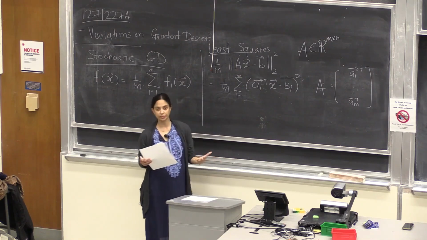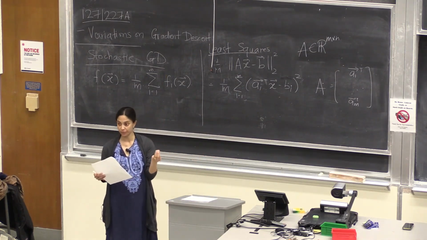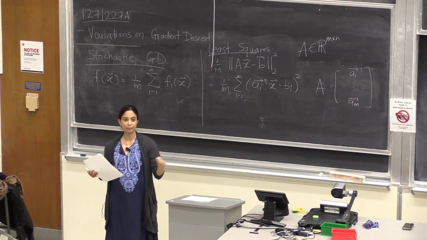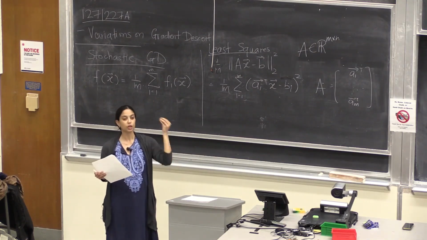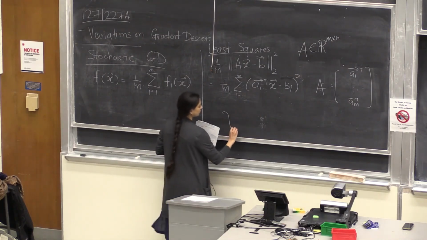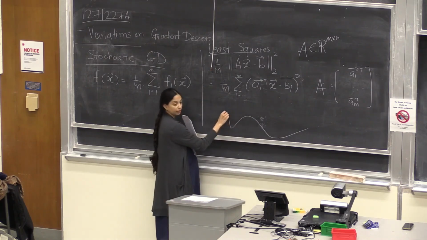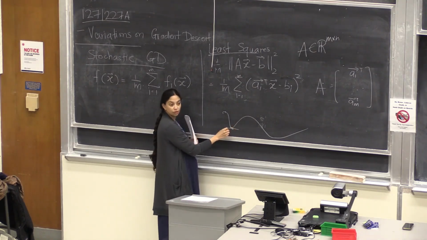The other thing that SGD can do is it's basically a noisier version of the gradient, right? And when you're dealing with, for example, a non-convex problem, just doing gradient descent can get you stuck in some kind of local minima situation, right? Gradient descent, if you started here, you might just end up here and have no way of getting out because the gradient here would be 0, and then you'd be stuck here forever.